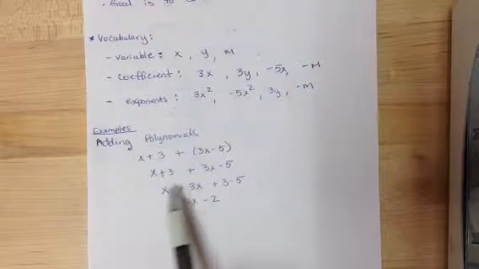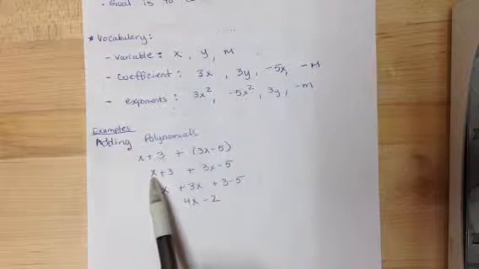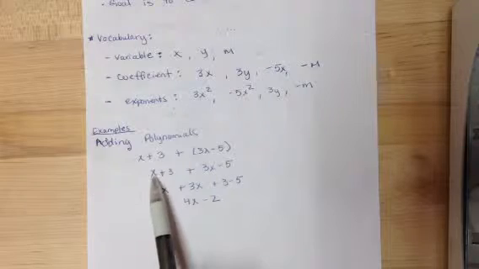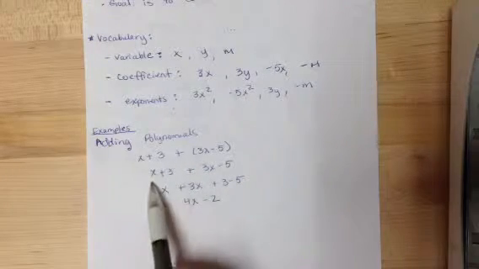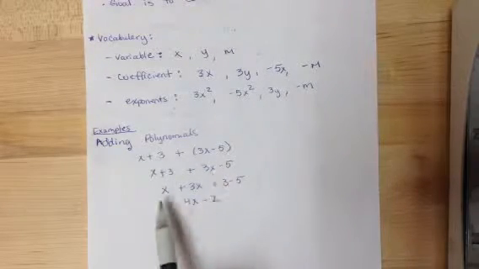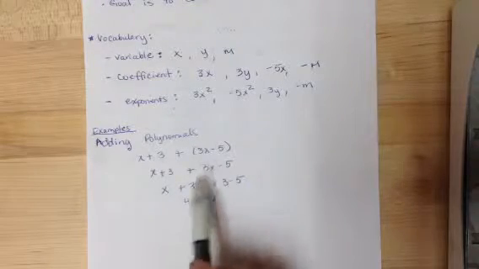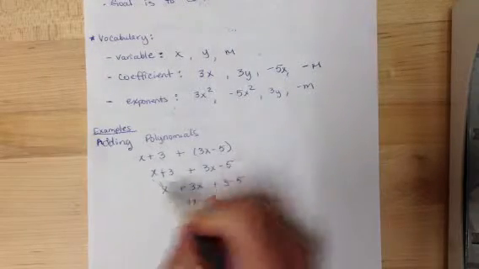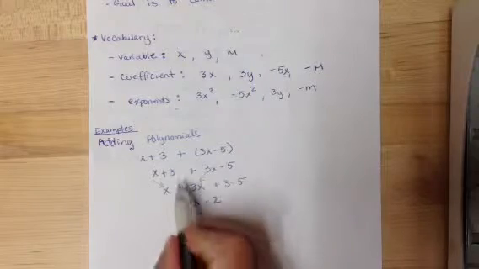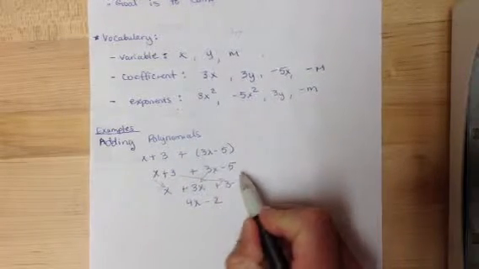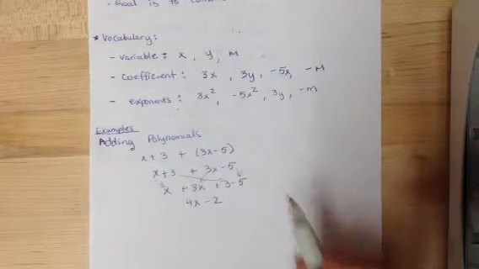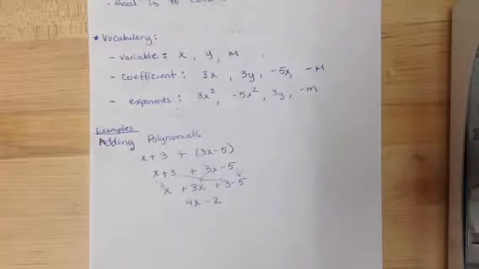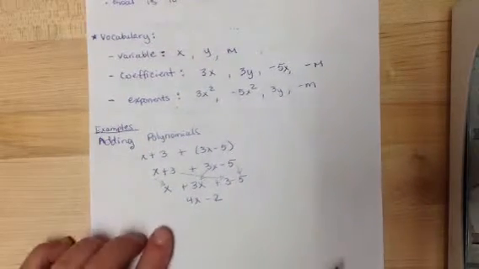Okay, now what are the like terms? The like terms are the x variables, this x with this x. So we're going to rewrite it, and we're going to have this 3 come over here. We're just rewriting it. Once you get the hang of this, you could save time by skipping this step.